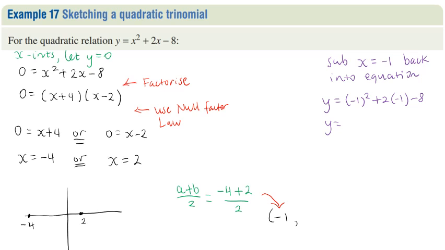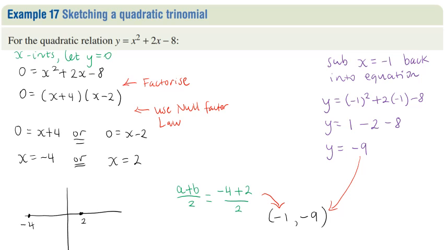So negative 1 squared is 1, so negative 1 times negative 1, it makes it positive. 2 times negative 1 is negative 2 minus 8. So I'll have y equals negative 9. So this is the turning point, which I can then put in.